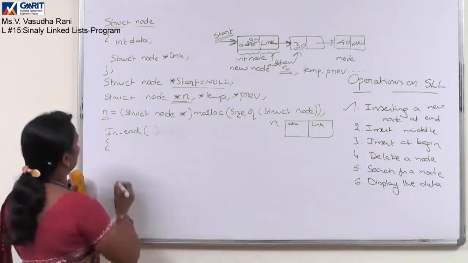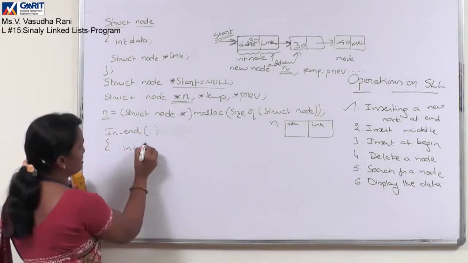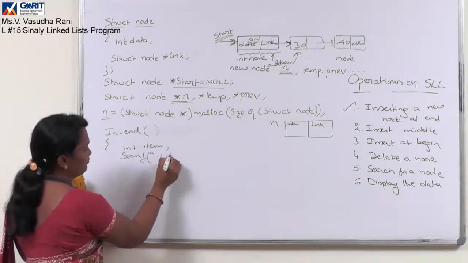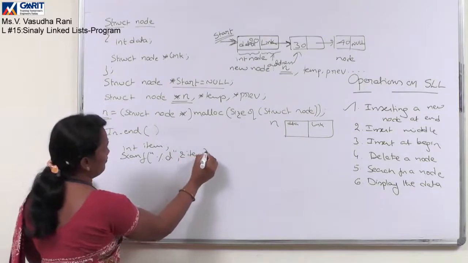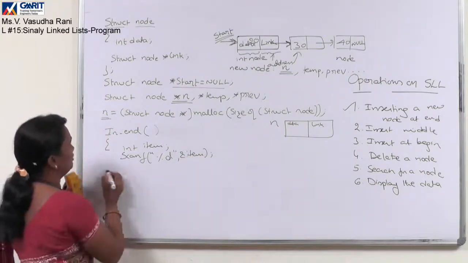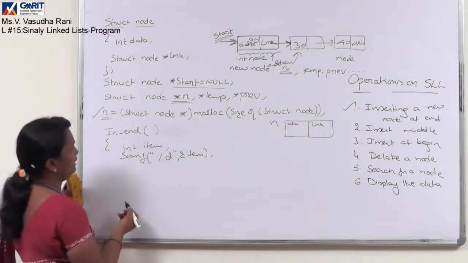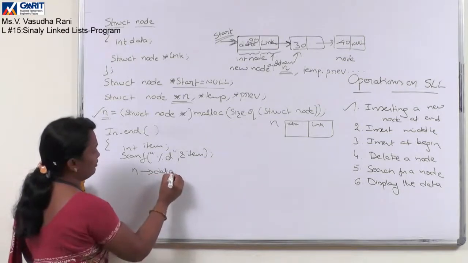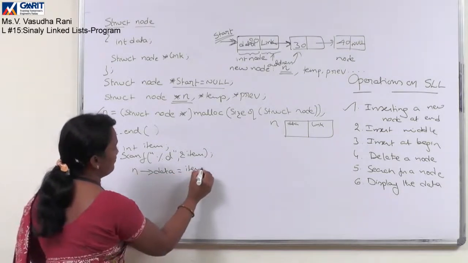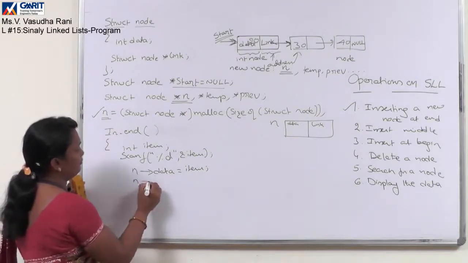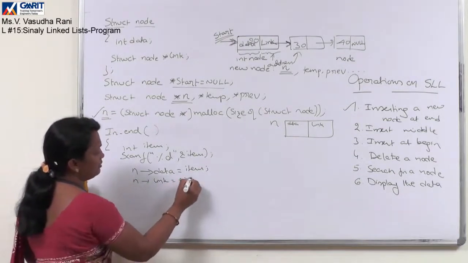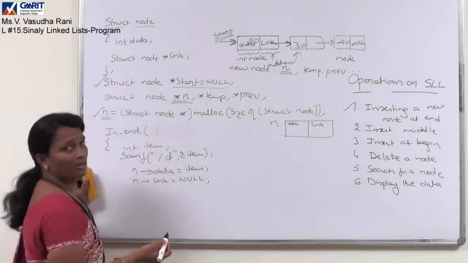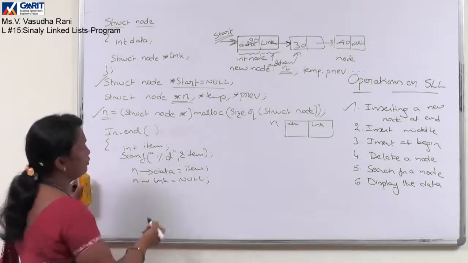So in end, let us declare this item, we can read it. The value we got, and we have defined our n node, and n's data is this item, and n's link is null, and here this start pointer is a global pointer, so throughout all the modules it works.